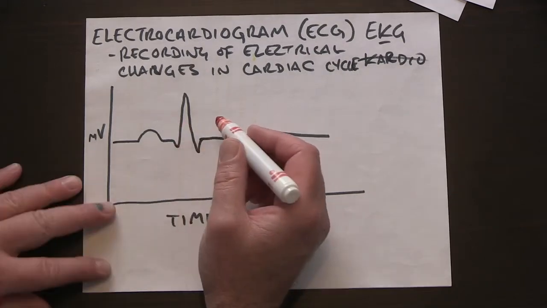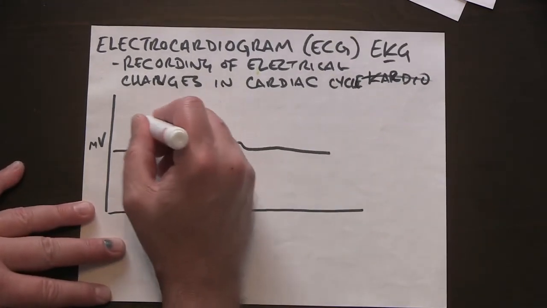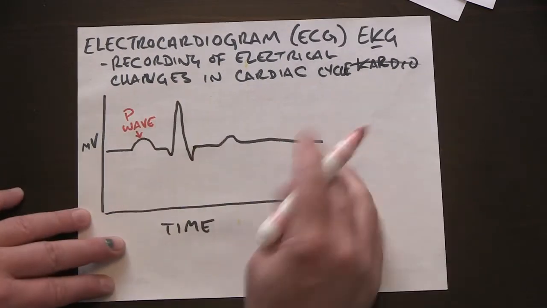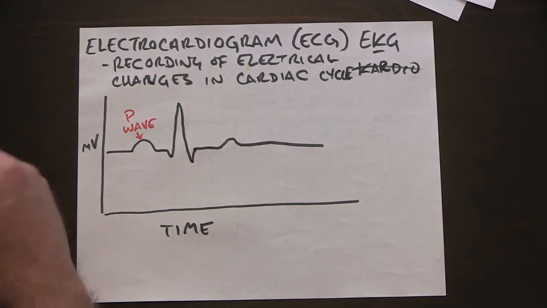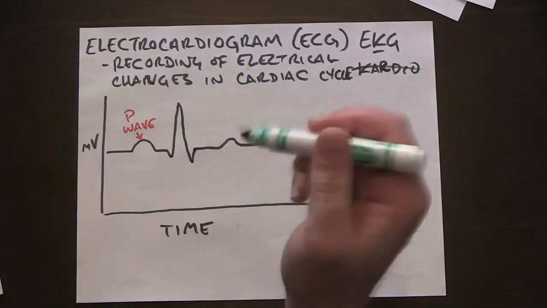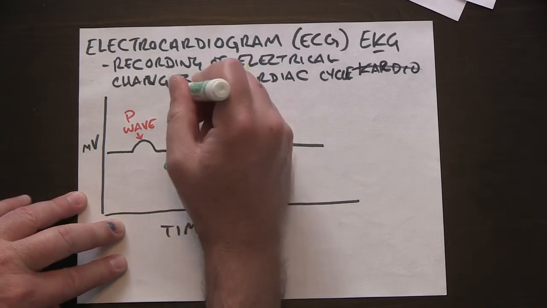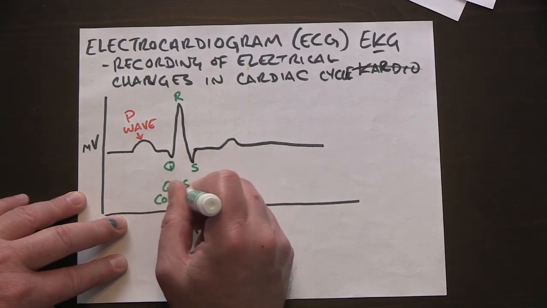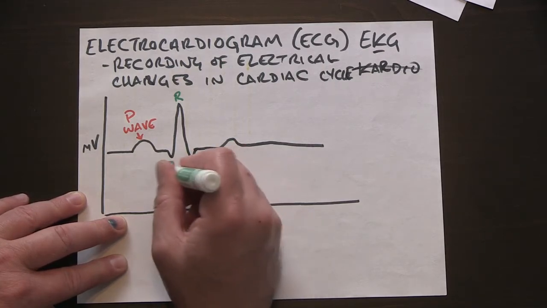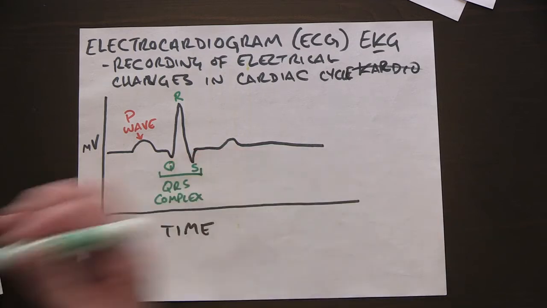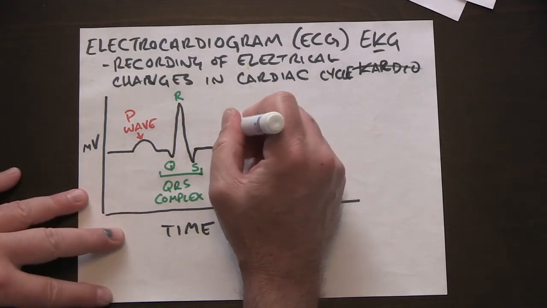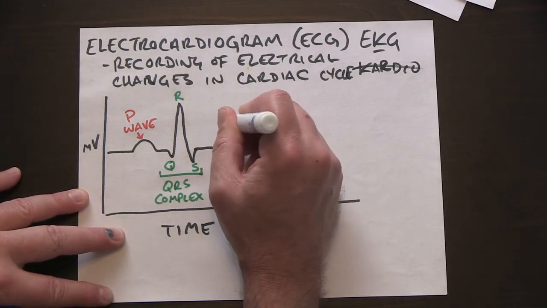This first little bump here is called the P wave. The next is called the QRS complex. And then finally down here you have the T wave.